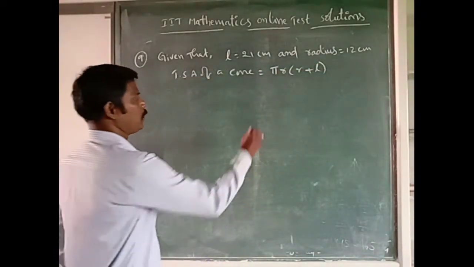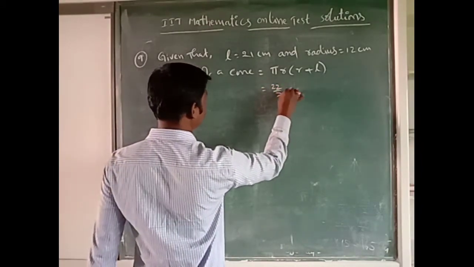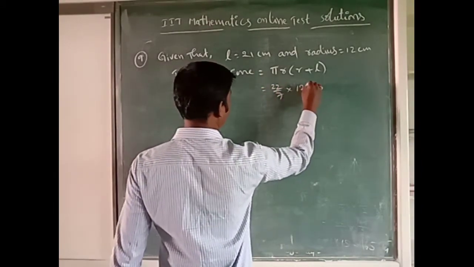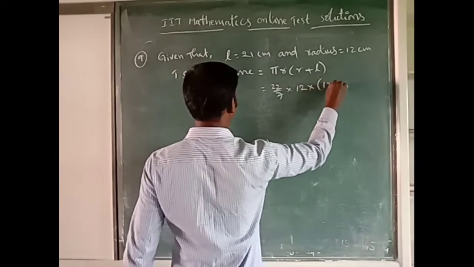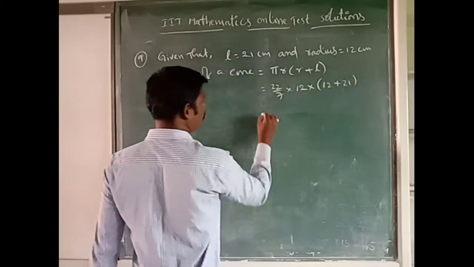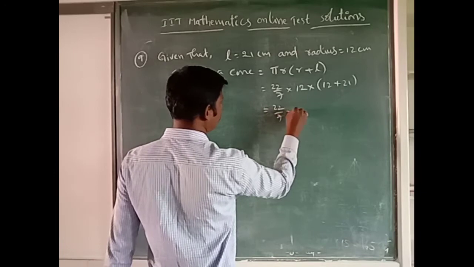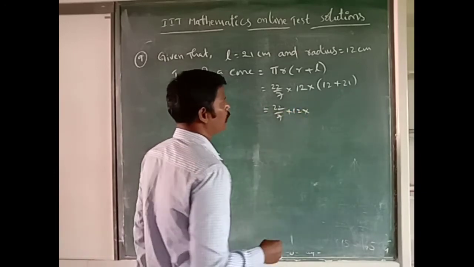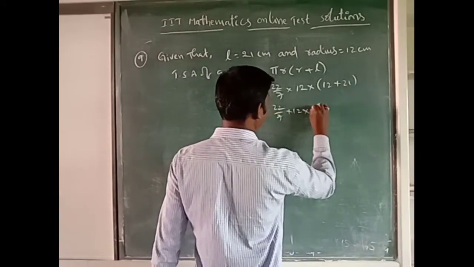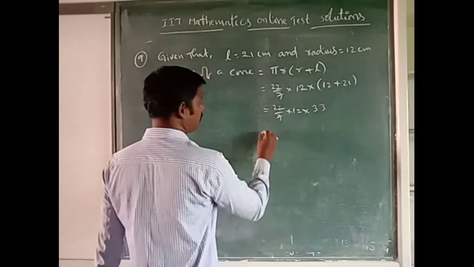Okay, children? π value how much? 22/7. r value 12 into 12 plus 21. Simplify: 22/7 into 12 into 12 plus 21, how much? 33. Okay, children?